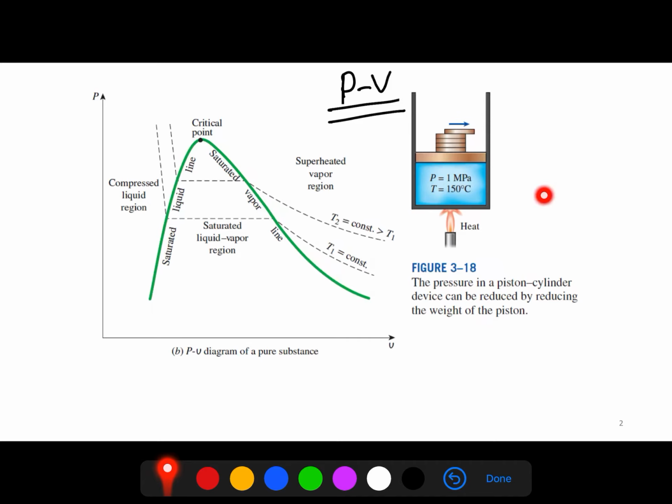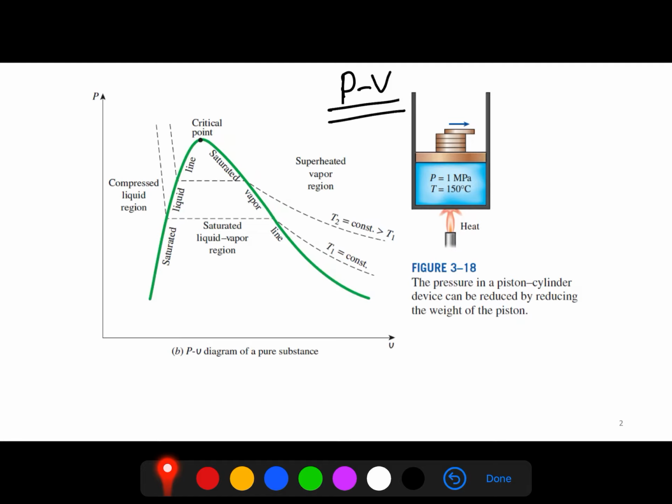And this is the figure of a piston cylinder device we discussed in our last video. So this is the same thing. In this case, consider we have this piston cylinder device, and the pressure is 1 MPa, temperature is 150. We are providing some energy from the bottom of this cylinder.